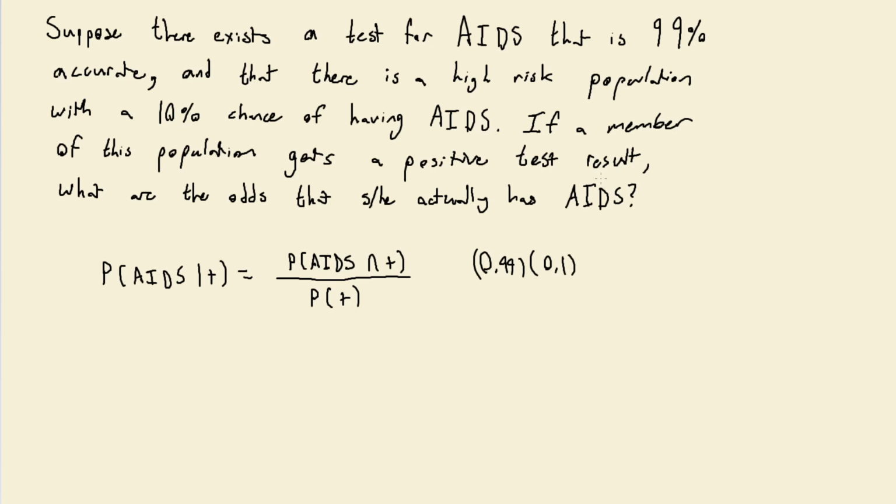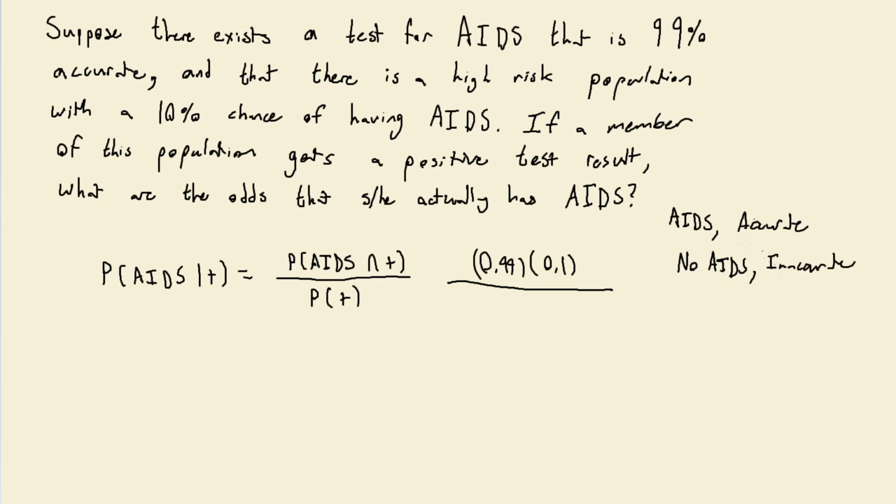Now the denominator here is going to involve a bit more thinking, because what are the possible ways that we can have a positive test result? Well, there's the probability that we have AIDS and the test is accurate, right? But there's also the probability that we don't have AIDS and the test is inaccurate.